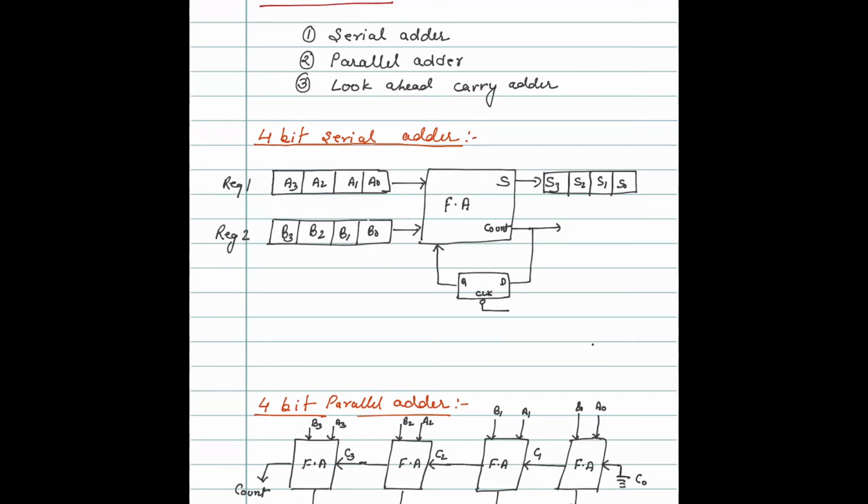Why is it so? Because the carry is propagated: without calculating the carry of the first flip flop we cannot find the sum of the first flip flop, and we cannot proceed to the second without calculating its carry, and without the carry of the second we cannot go to the third. So this is sequential out and parallel in.